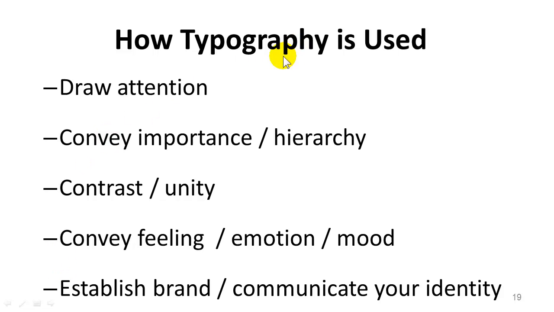Typography can be just as powerful, if not more powerful, as the other design elements. It can be used to draw attention, to create importance or hierarchy, to create contrast and unity, to convey feeling and emotion, to establish your brand and communicate your identity.